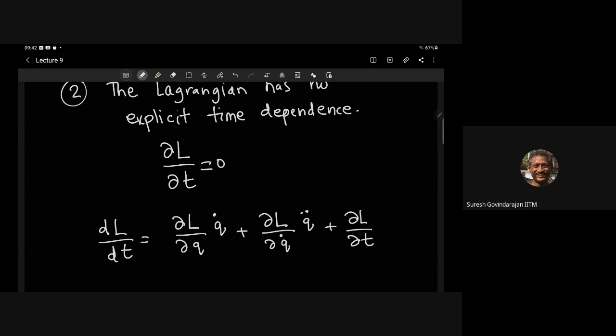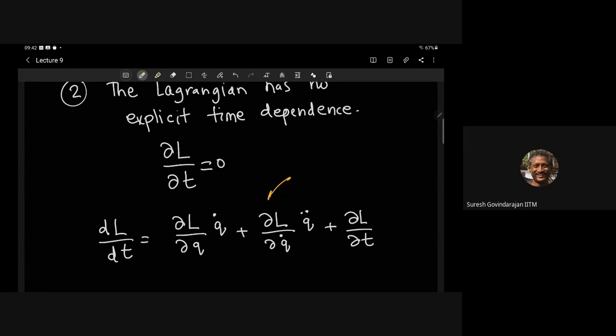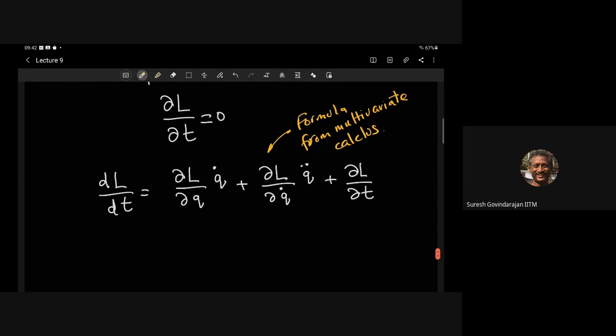This is just a formula from multivariable calculus. It's a function of 3 variables, each of them I can vary, and that's it. Is this clear? Okay, but we can do a little bit more.